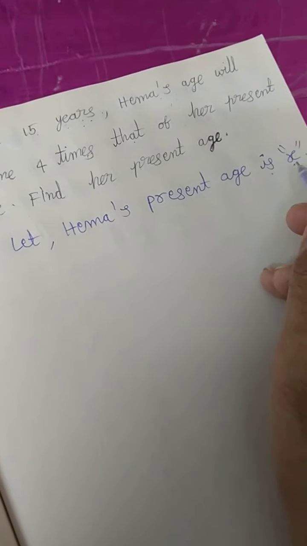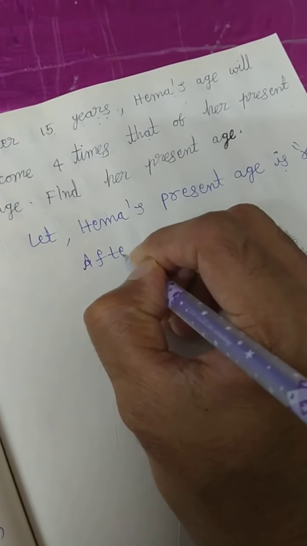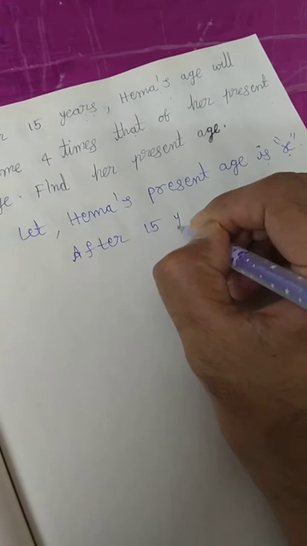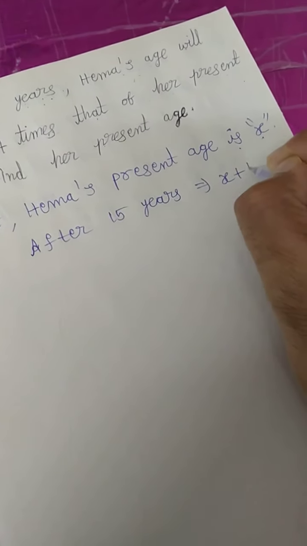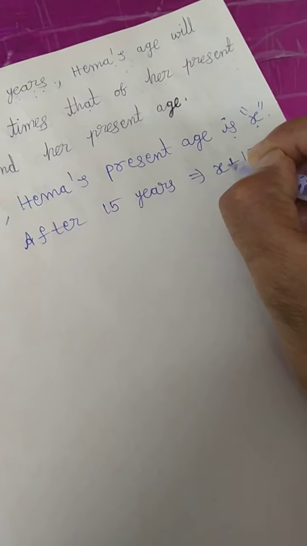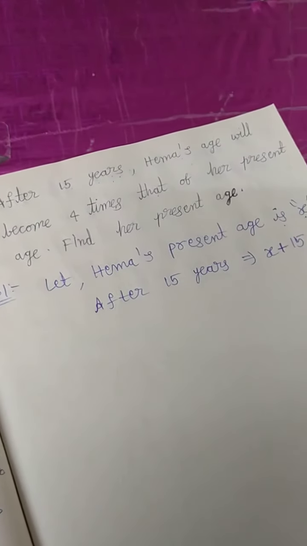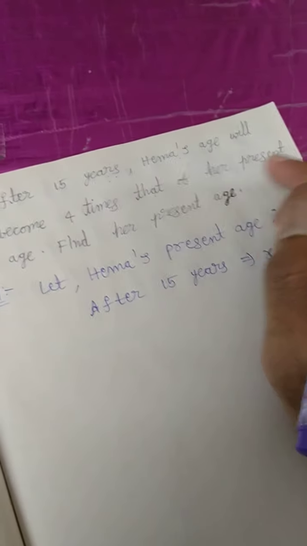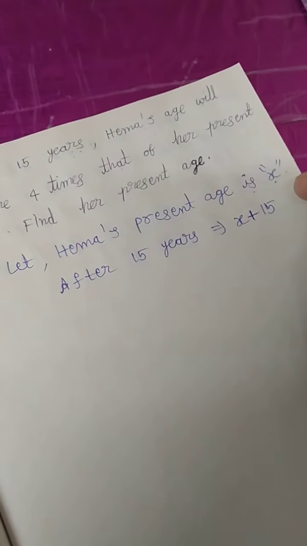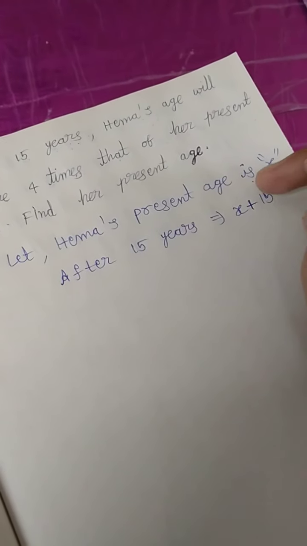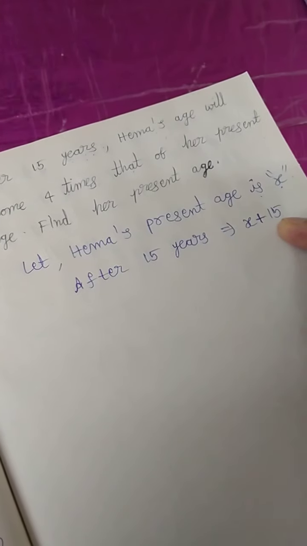After 15 years, Hema's age will become 4 times that of her present age. So, children, Hema's present age is x. Now after 15 years, that implies x plus 15. After 15 years Hema's age will become 4 times that of her present age.